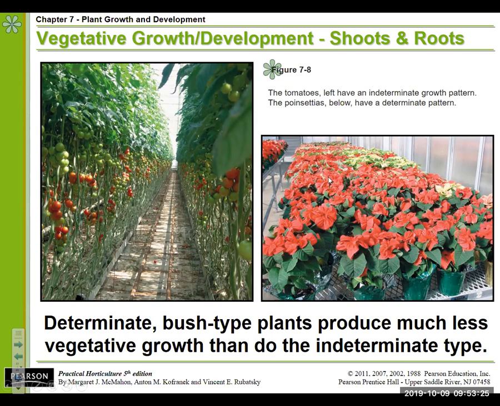On the right here, we've got poinsettias that have a determinate pattern. Once they start to initiate these colorful parts, the floral bracts, and then the flower buds and flowers in them, they quit growing. And that's important for their ornamental aspects.